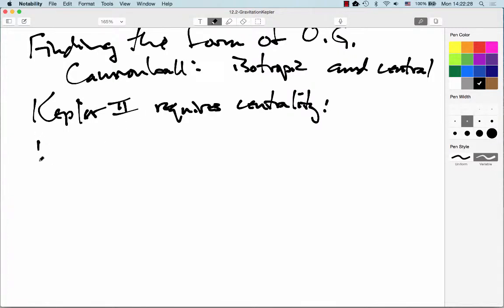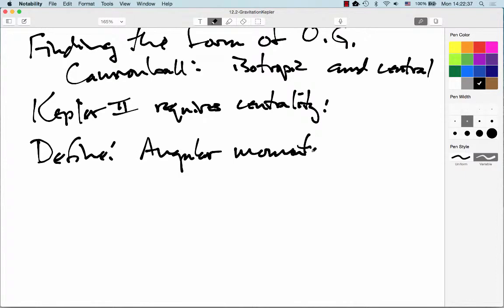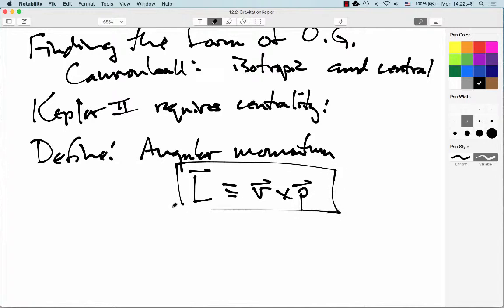We will start by defining the angular momentum. So that will be L. The angular momentum of any point mass will be its position vector crossed into its linear momentum.